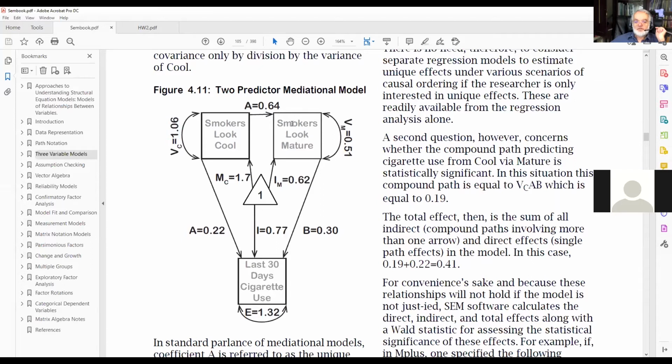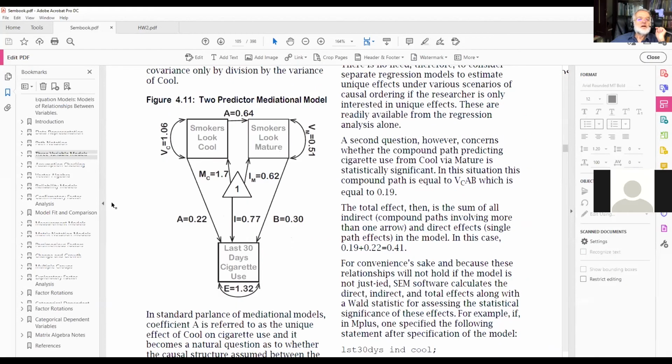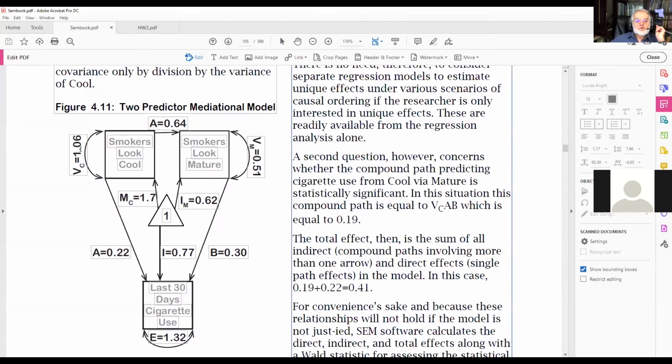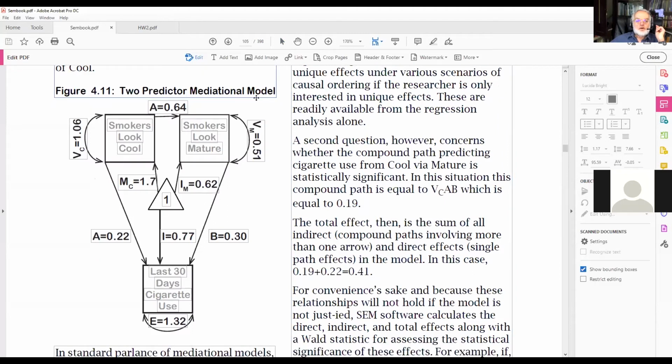And next, think about what this diagram says about the variance of smokers look mature. Well, that's going to be this error term plus 0.64 times 1.06 times 0.064. So, in terms of what we're looking at, everything up here is a single predictor regression model.